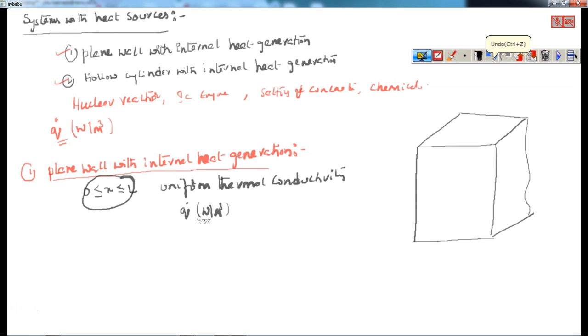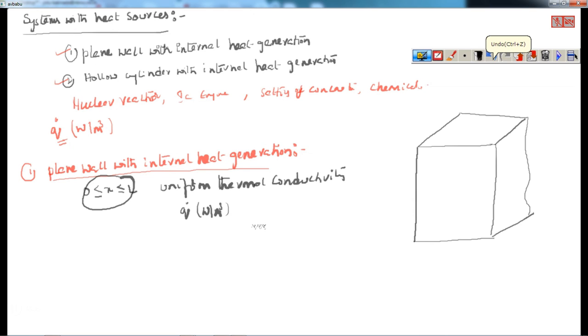This is the description of the slab: a slab of length L, with electrical current passing through. Due to this, heat generation takes place, denoted as Q dot watt per meter cube.